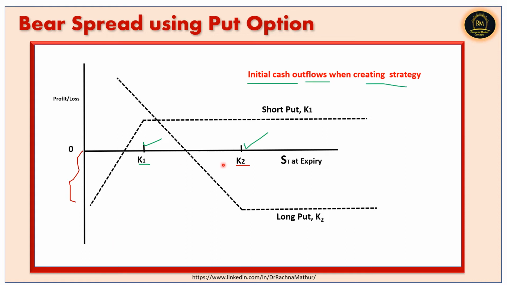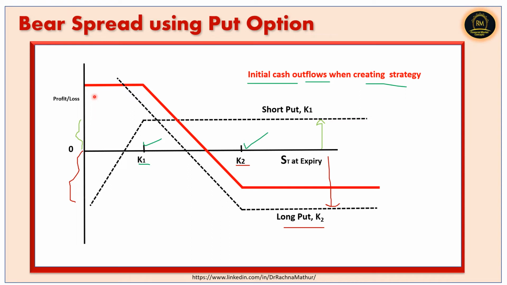Now, if the market, instead of falling down, goes up, your long put will have a limited loss and will expire worthless. Your short put will earn profit for you, and that profit will be limited to your option price. So this shows that your final payoff will be in the form of a Z line, which shows the total profit from the bear spread using put options.